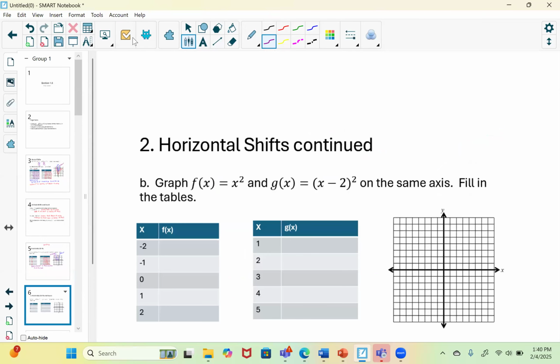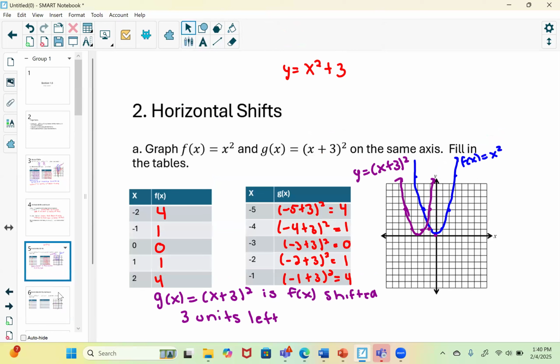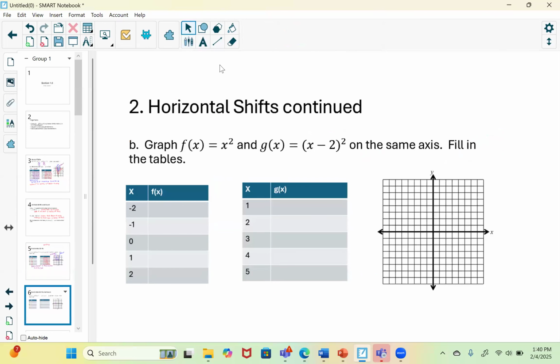Then we can do one that's the same idea, looking at minus: x minus 2. So again, we have our x squared. I'm just going to fill that in quickly. Then I'm going to do x minus 2 squared. So I'm going to plug in 1.